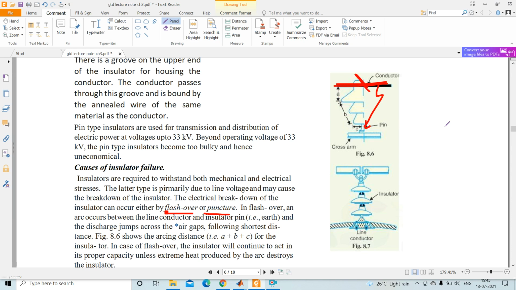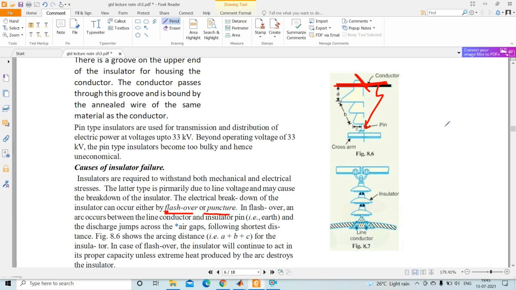In case of flashover, the insulator will continue to act in its proper capacity unless extreme heat produced by the arc destroys the insulator. Whenever there is a higher amount of arc, extreme heat is produced, and this heat destroys the insulator.